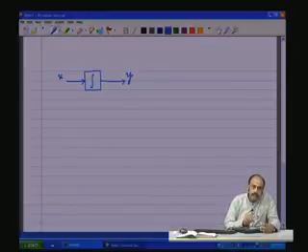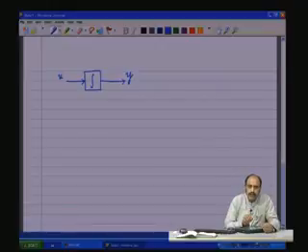Now, to represent this system in the pole-zero domain, we have to convert it into variables which are functions of S rather than functions of time.